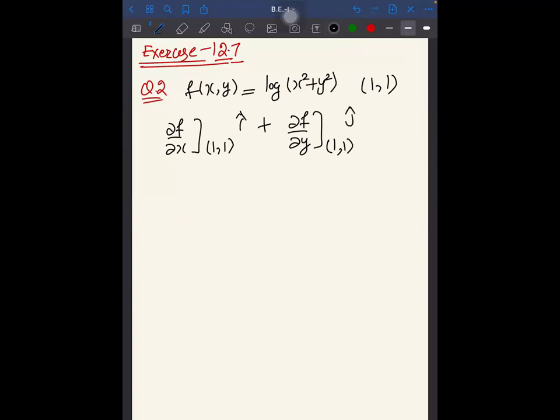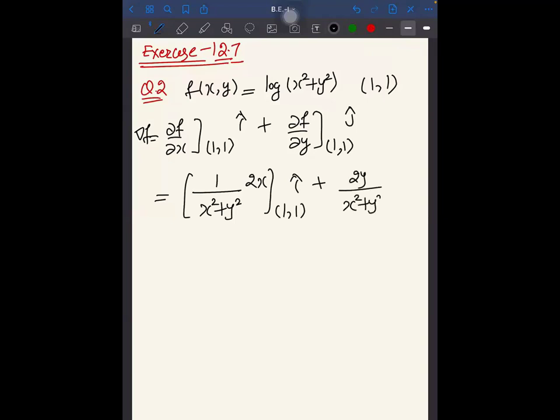So that would be our gradient vector, right? So curly f upon curly x, it's what? 1 upon x square plus y square into 2x. And this is 2y upon x square plus y square.